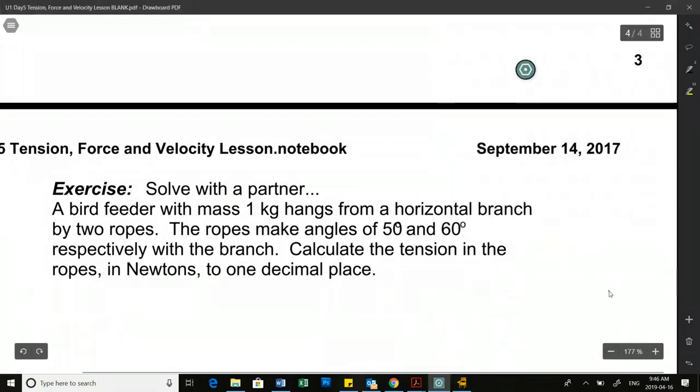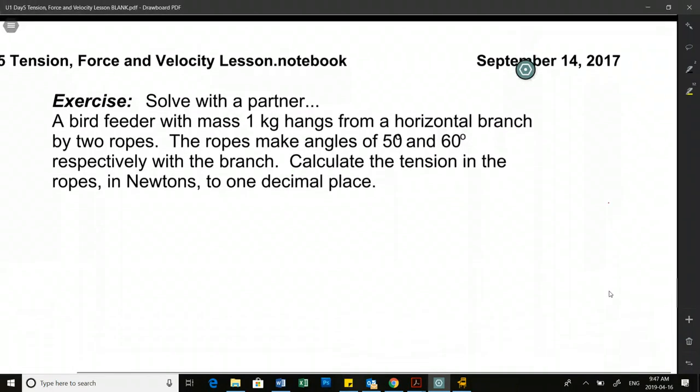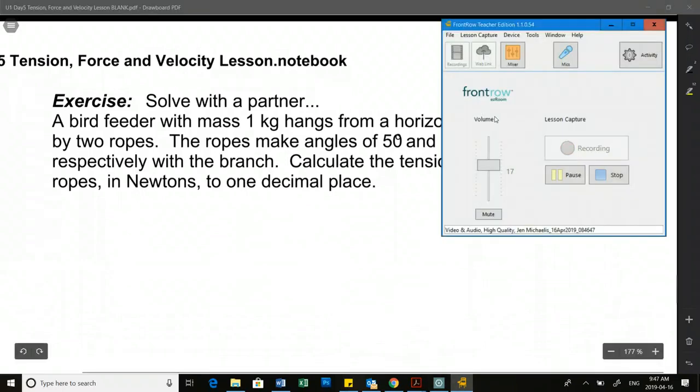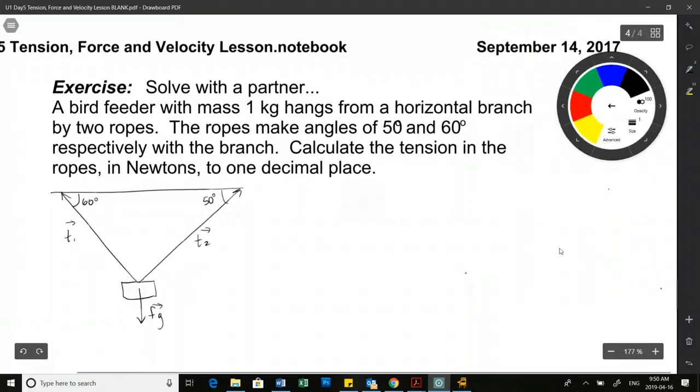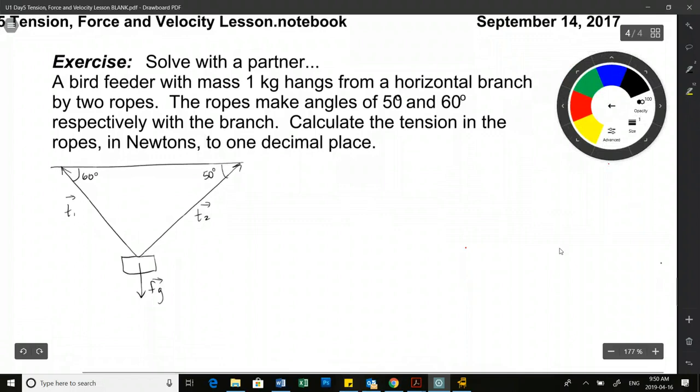Mark, so how do you know when it's ambiguous? Just to help you guys out with the picture a little bit, if you're still developing your picture, we have a horizontal, and our two ropes have individual tensions, and the ropes are making angles of 50 and 60 with the branch.